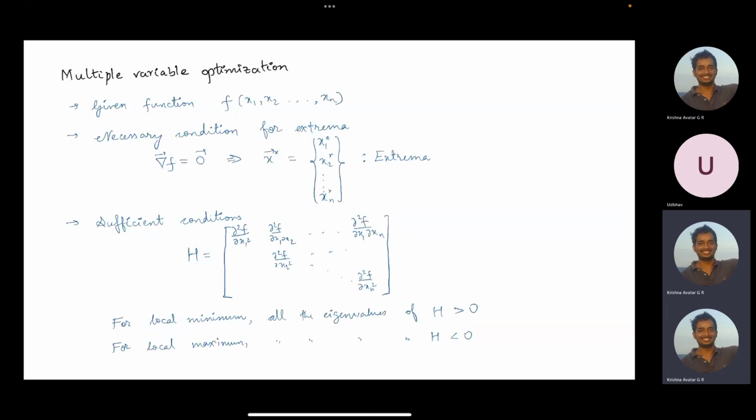Now let's move on to discussing multiple variable optimization. In this case, we are given a function in n variables, x1, x2 till xn.